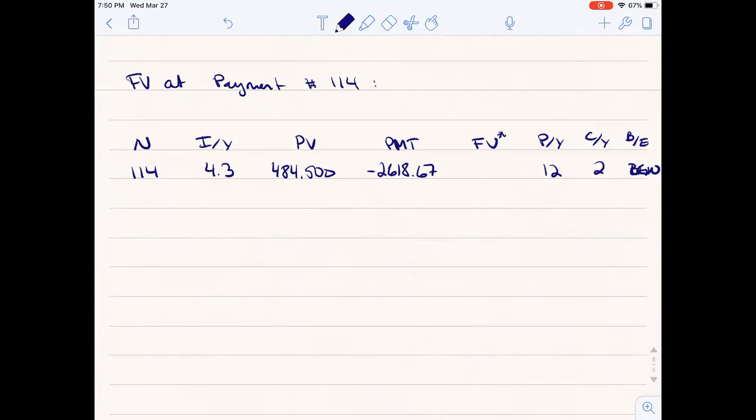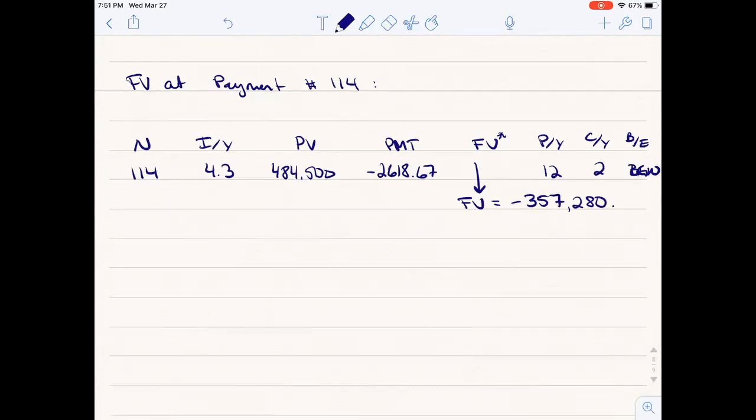If we wanted to just pay everything off at the 114th payment, our future value would be negative $1,280.7274.